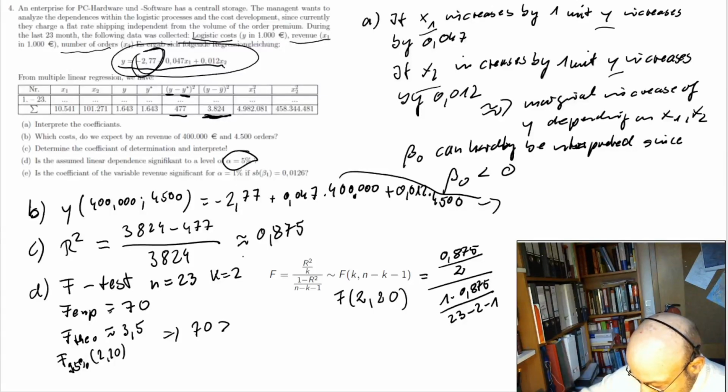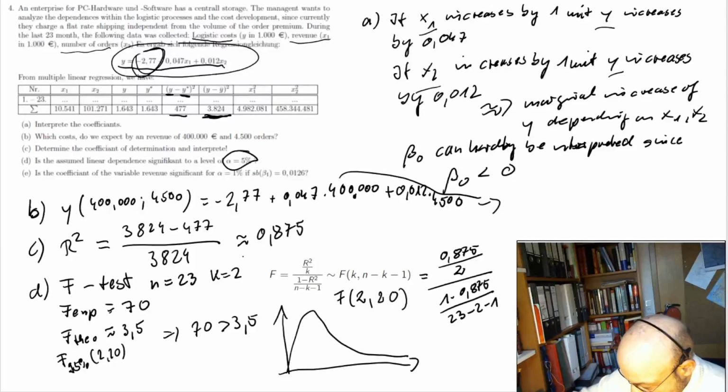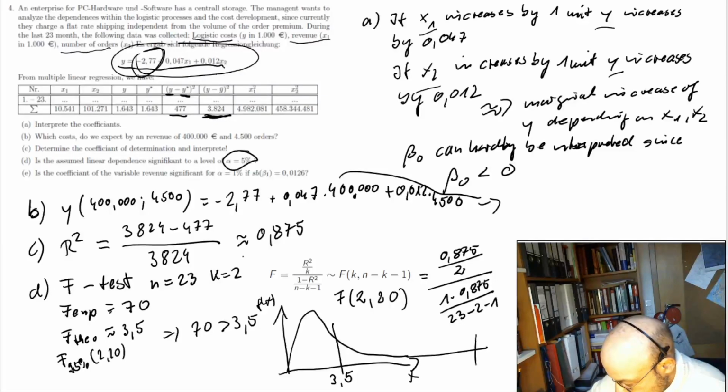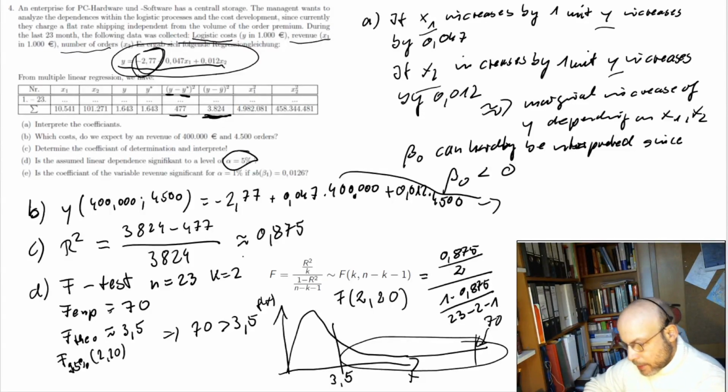And then 70 is larger than 3.5, because in our distribution f of x, we have here our critical value, maybe 3.5, and 70 is somewhere here. So we are in this tail, so our null hypothesis that we do not have a linear dependence is rejected.